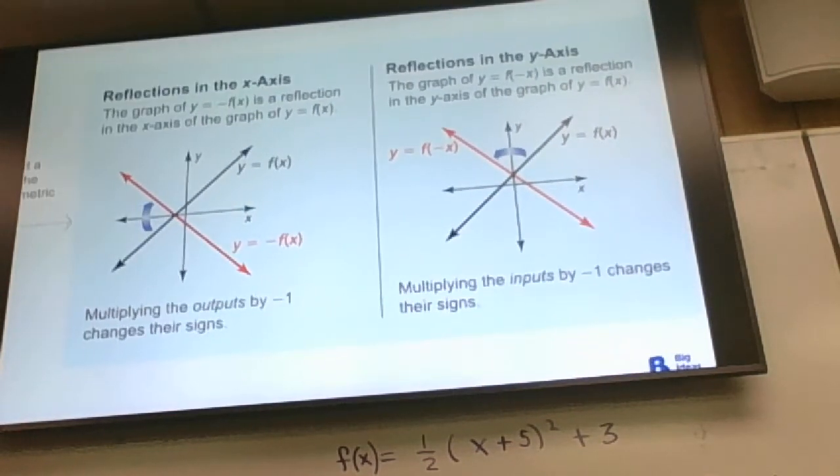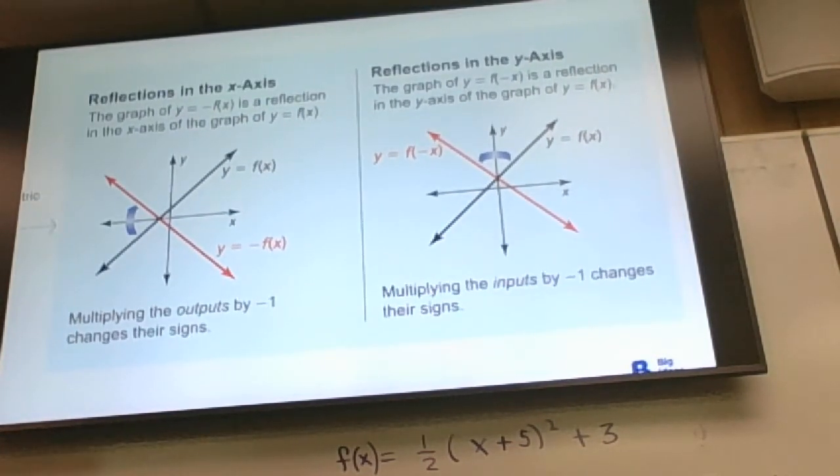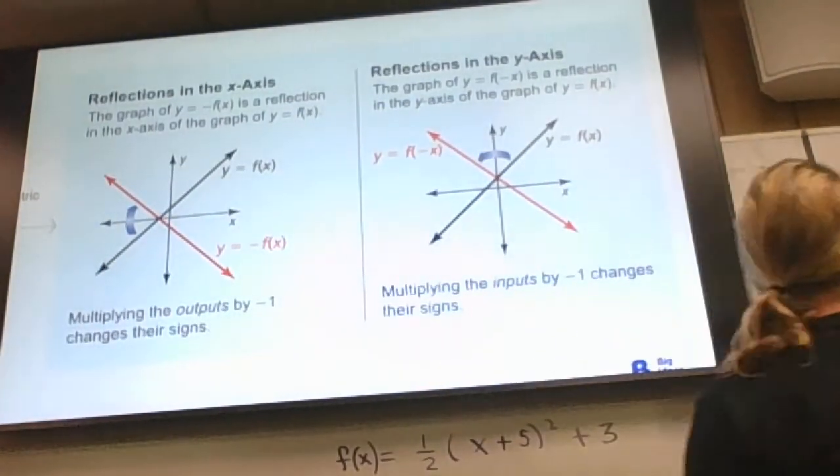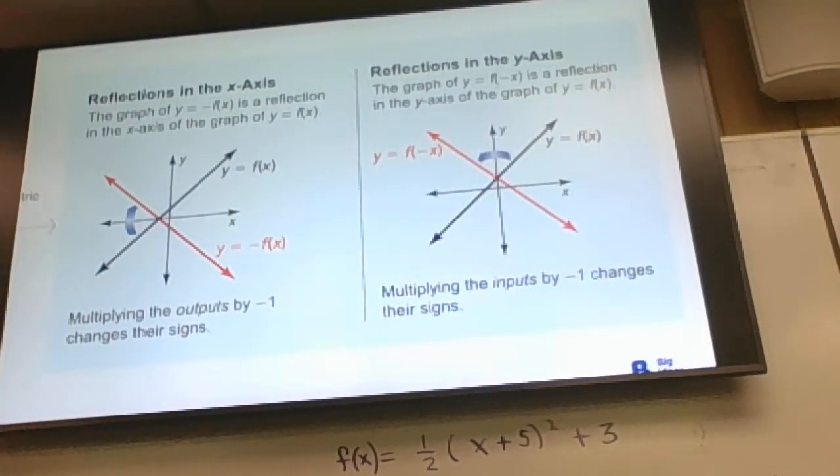Our reflections. To reflect across the x-axis, you multiply the entire equation by -1.